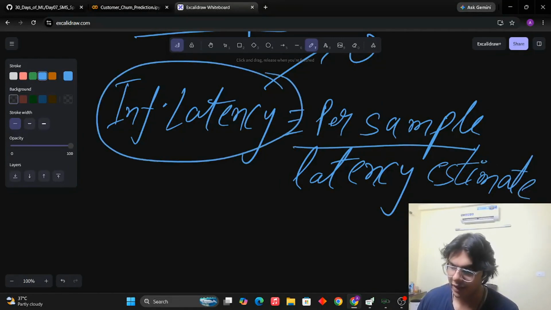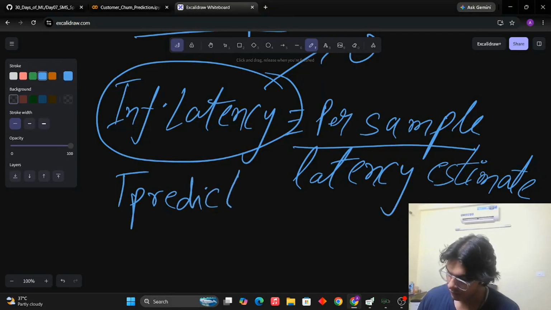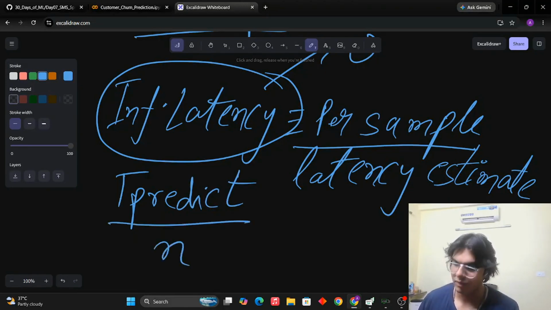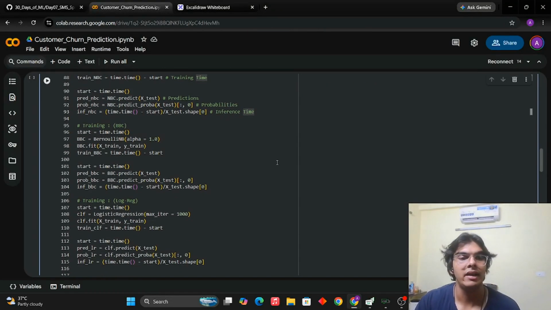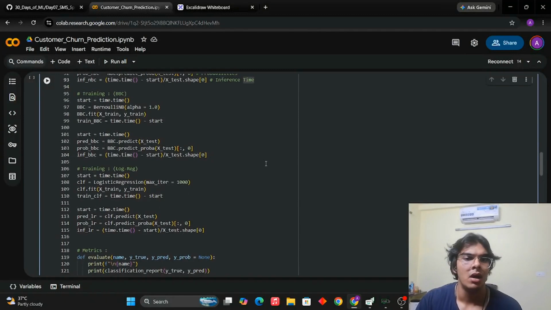It is called inference latency. The formula is the total time taken by the model to run, you can write it as T predict, or T total, whatever, divided by N, where N is the number of samples. This is the formula. So this is what we run here to calculate the inference latency.